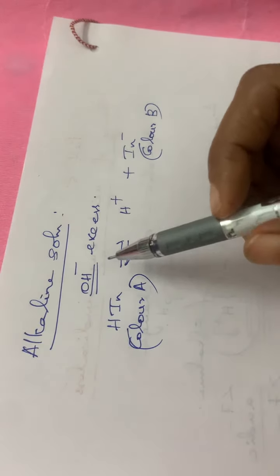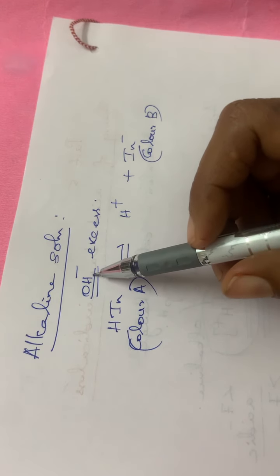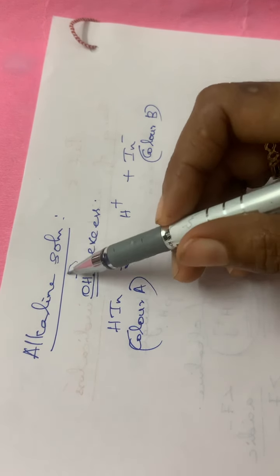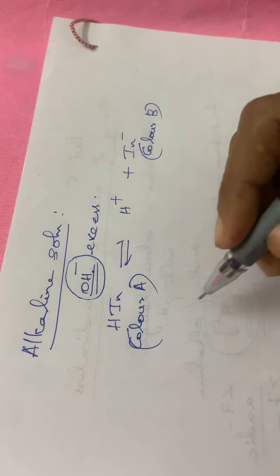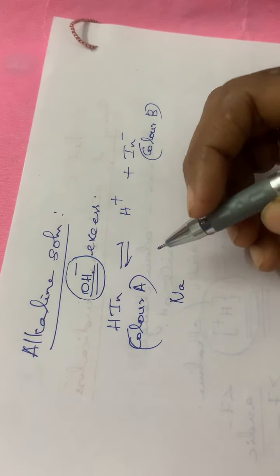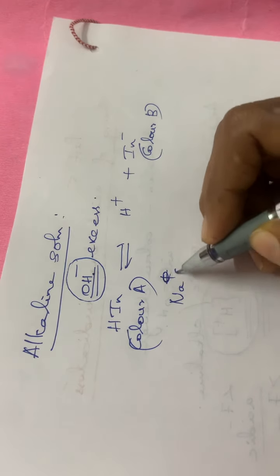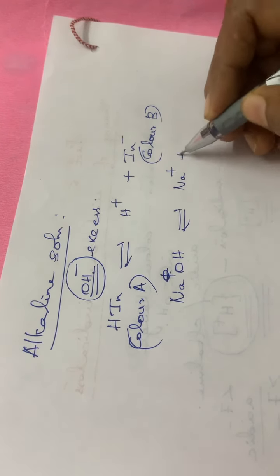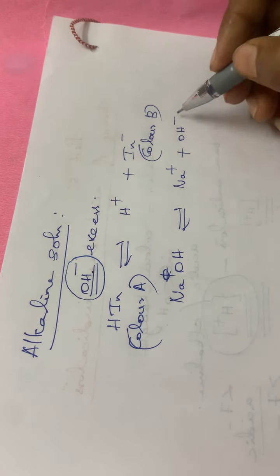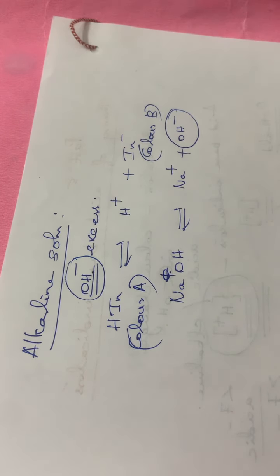So what happens if we are adding this indicator to this alkaline solution? Normally an alkaline solution will be having OH minus. Say for example, NaOH, which will be ionizing as Na plus and OH minus. So here more of OH minus will be present.